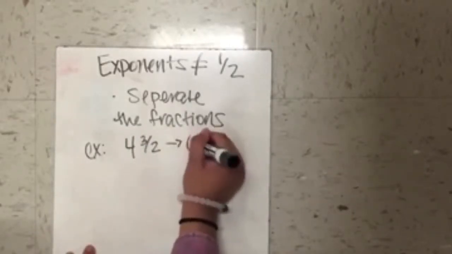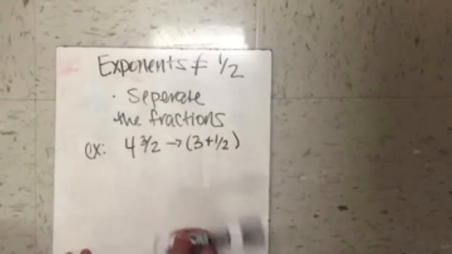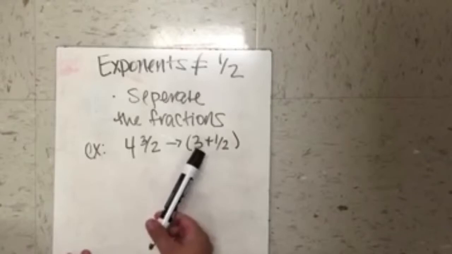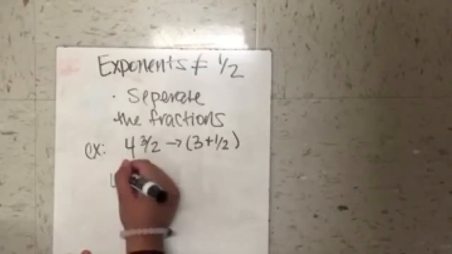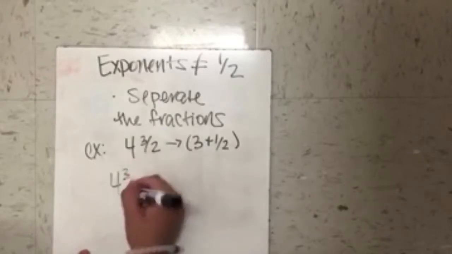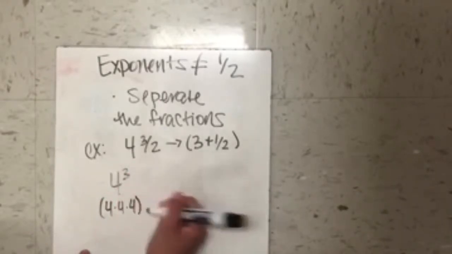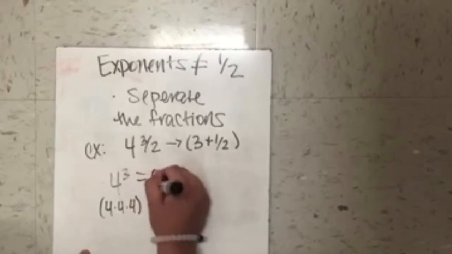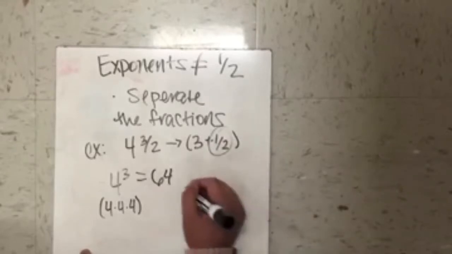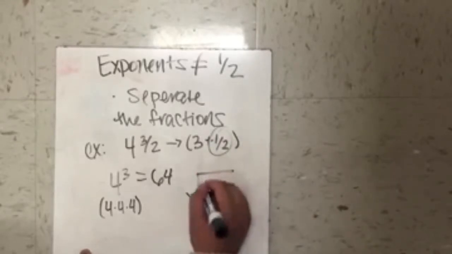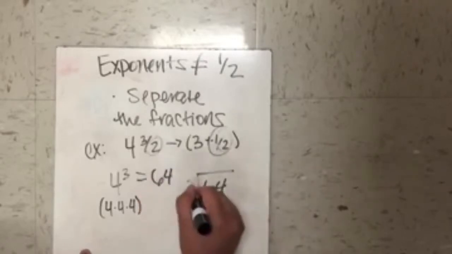So you separate the 3 and the 1/2 and have 4 raised to the power of 3, which equals 64. Use the 1/2, or 2, and use it to square root the 64, making it equal to 8.